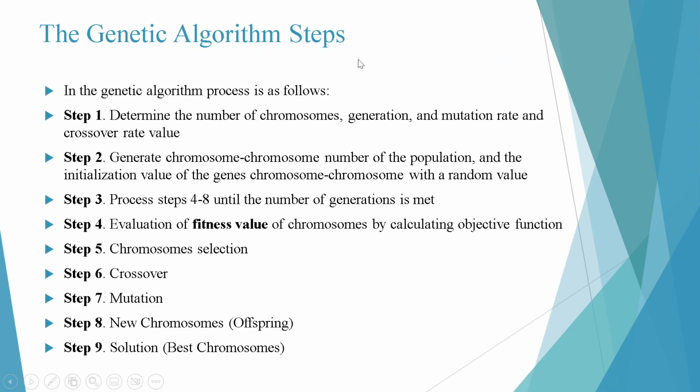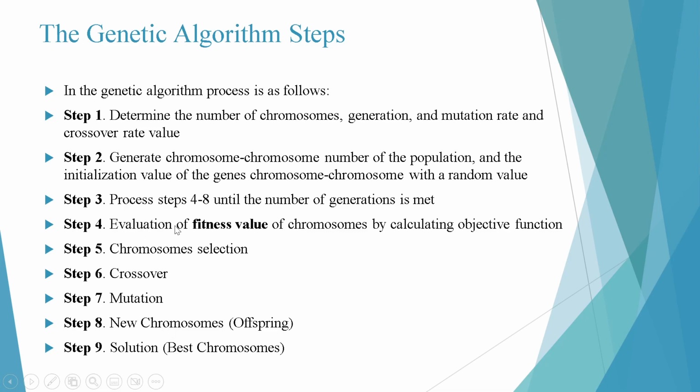The genetic algorithm steps. In the first step, we determine the number of chromosomes, generations, mutation rate and crossover rate values. Step 2: generate the chromosome population and initialize the values of the genes, the chromosomes, with random values. Then in step 3 we process steps 4 to 8.